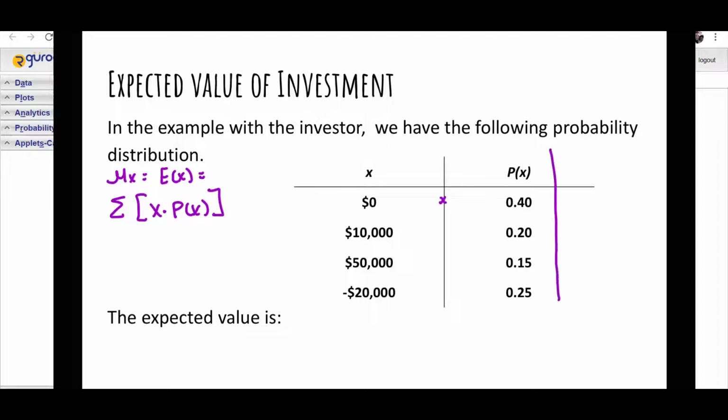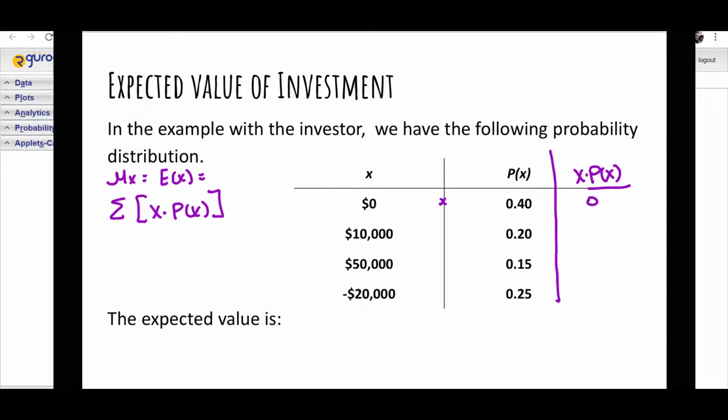I'm going to have another column, x times p of x. I'm going to go through them and multiply. So 0 times 0.40 is 0. 10,000 times 0.20 is 2,000. 50,000 times 0.15 is 7,500, and you can use the calculator for this. Negative 20,000 times 0.25 is negative 5,000.